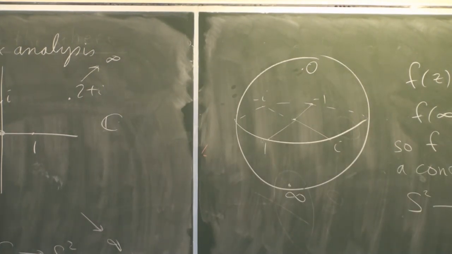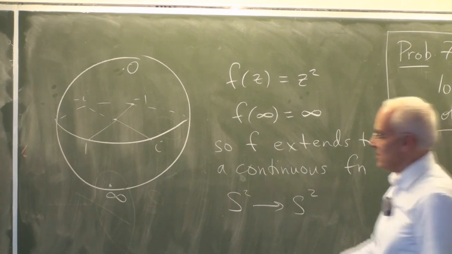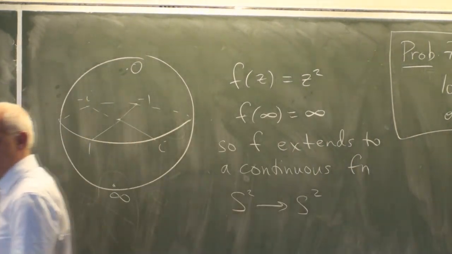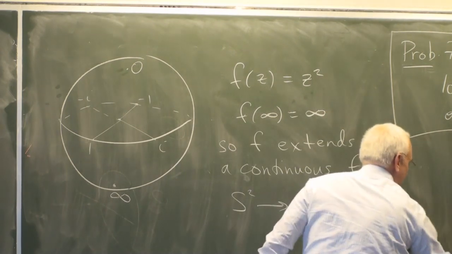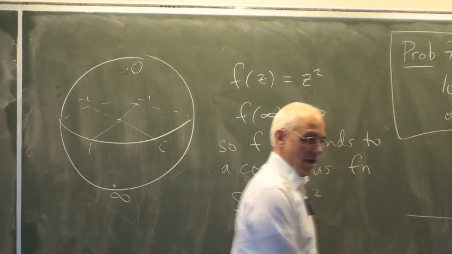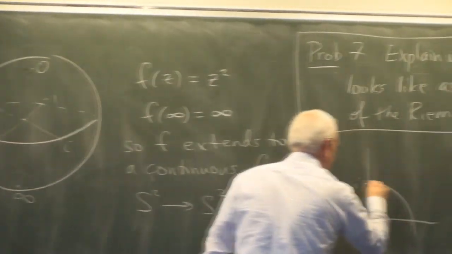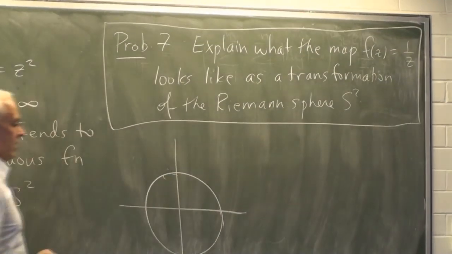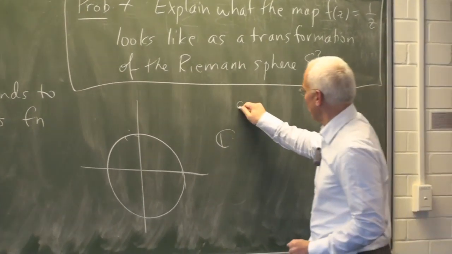And what about this, let's have another look at this example, f(z) = z squared. What does that do to the sphere? Let's have a think about what the function f(z) = z squared does to the sphere. Well, let me remind you a little bit about the squaring operation in the complex number plane. Okay. So if you have the unit circle, and we're working here in the complex numbers, and we're just talking about the squaring operation.